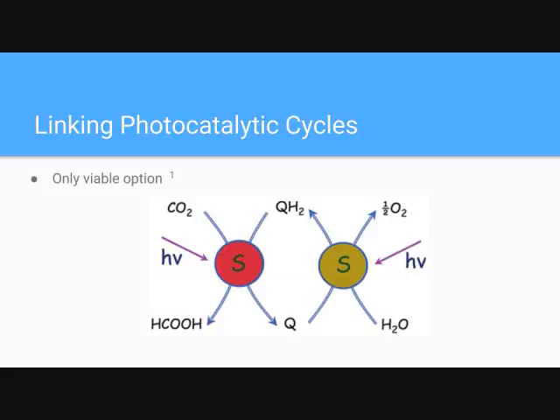This substance is then utilized in a separate cycle in which the hydrogen evolving catalyst is localized at a collection point. Even though many difficulties are faced in such systems, they are the only viable option to storing sunlight as chemical potential at the moment.